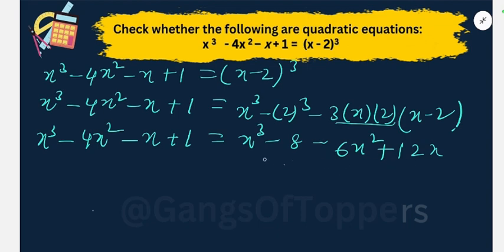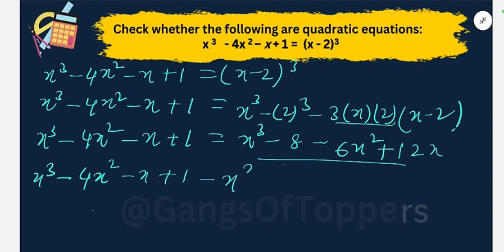Now shift all the right side components to the left side: x cube minus 4x square minus x plus 1 minus x cube plus 8 plus 6x square minus 12x equals 0.